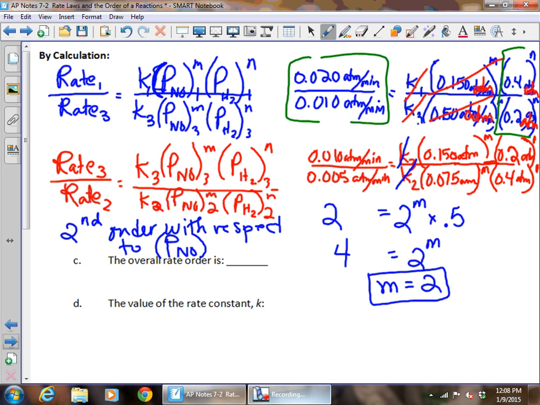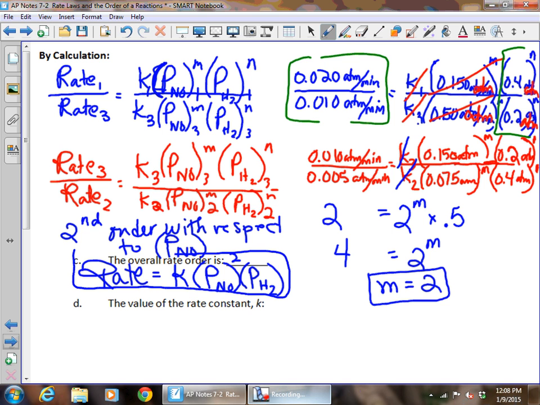We can write the rate law as rate, and this is not in the correct place, it should be up there, but I'm just going to write it here. Rate is equal to K, pressure of NO, times the pressure of H2, and pressure of NO should be squared, pressure of H2 raised to the first, and we would get the rate law now by calculation, the same rate law that we would get by inspection. And that's how you can do this by calculation.